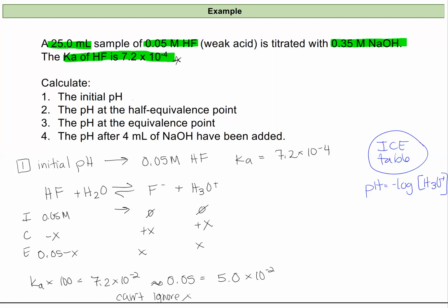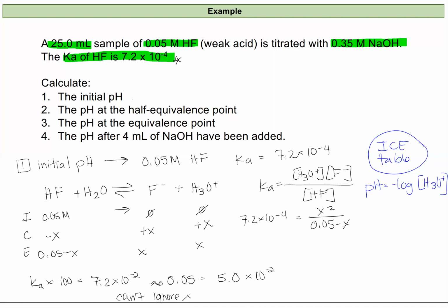So my Ka is equal to the concentration of my hydronium ion times my fluoride ion divided by my hydrofluoric acid. So 7.2 times 10 to the negative fourth will be equal to x squared divided by 0.05 minus x.